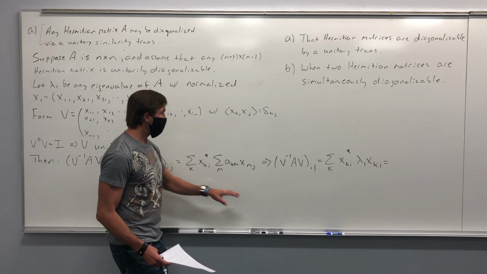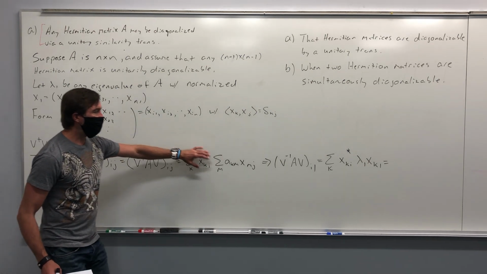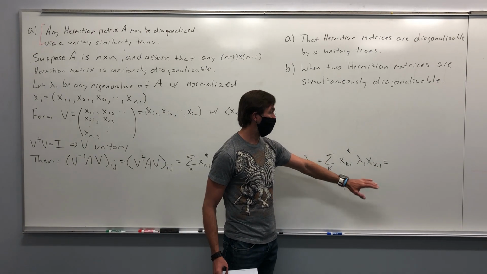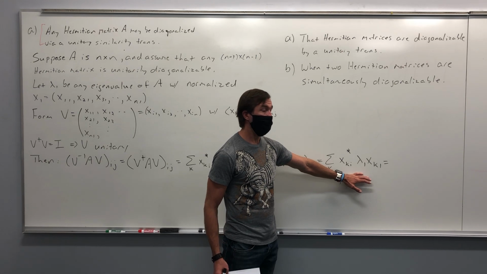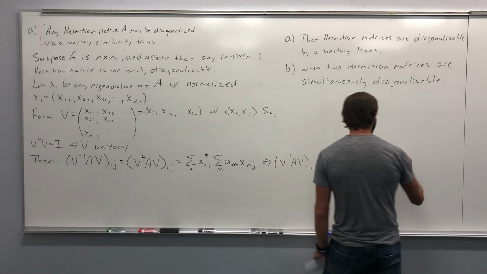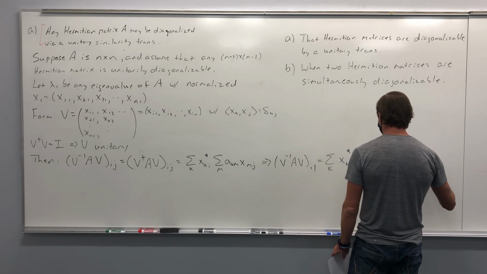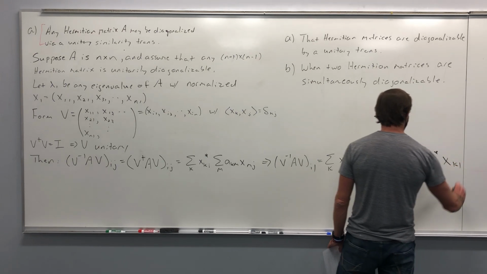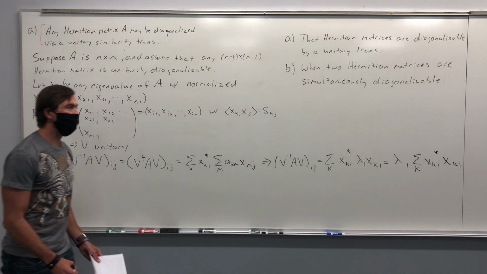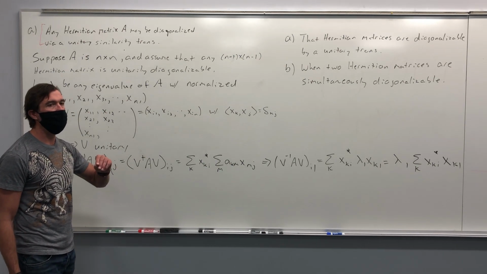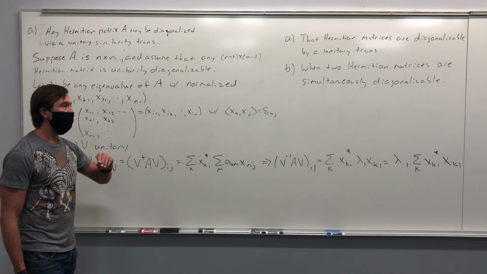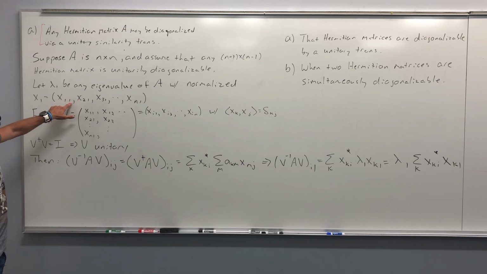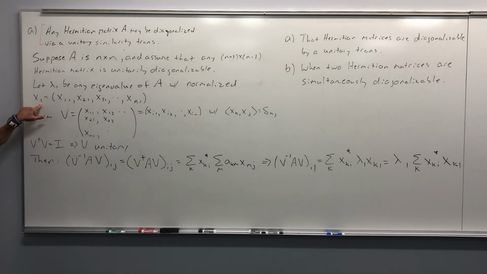So don't worry about all of this index assignment and flippage. I just want you to focus on this right here for a moment. Here, I'll rewrite it slightly. That's x_ki star x_k1. Remember, the second index on the components is what labels a vector.